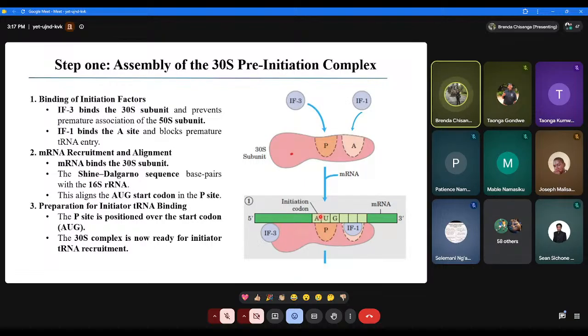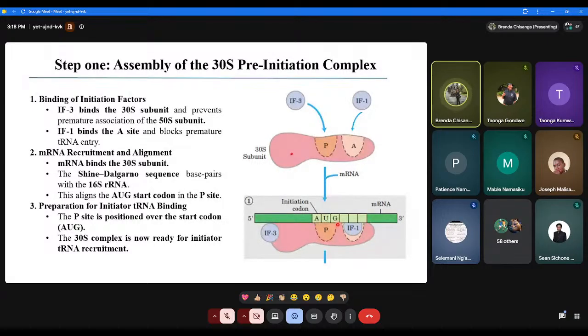So when I say the Shine-Dalgarno sequence is found upstream of the start codon, and we all know the start codon is AUG, upstream means it is found this way. The ribosome associates with the Shine-Dalgarno sequence to ensure that the AUG on the mRNA is positioned in the P site.